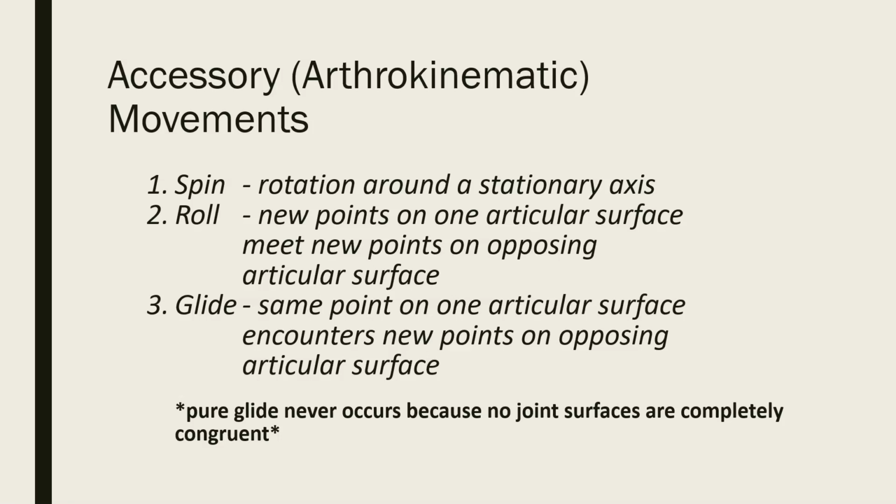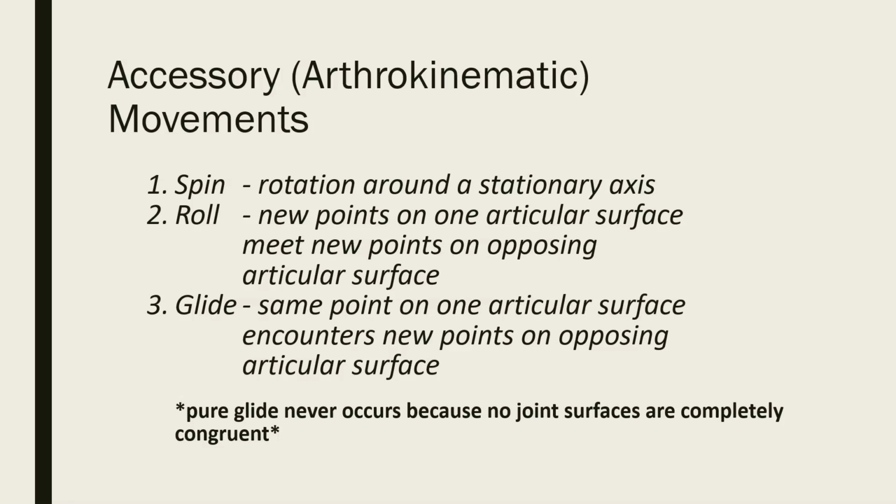The first is spin. Now, spin can be defined as rotation around a stationary axis. So for example, the steering wheel in your car, when you are turning your steering wheel to turn right or left, that steering wheel is spinning around a stationary axis, of course, which is the steering column. So that sort of represents spin, that there's rotation around the stationary axis.